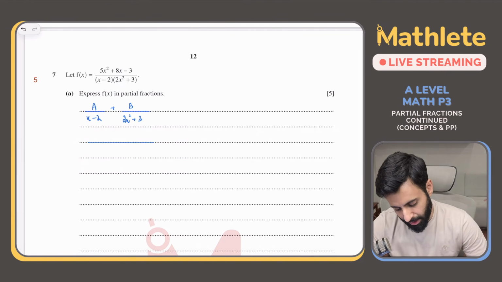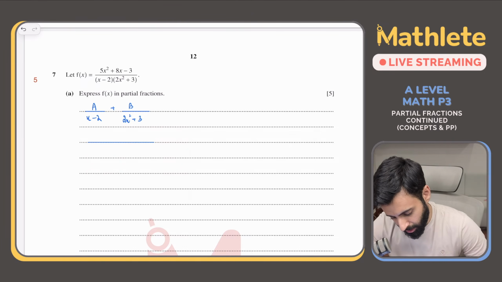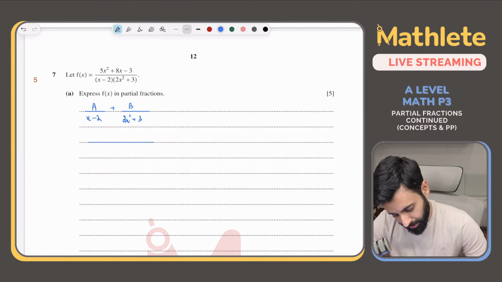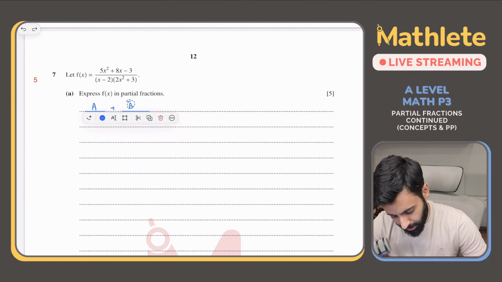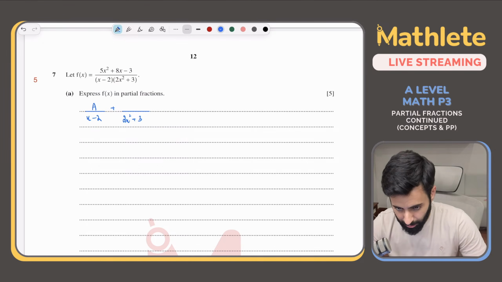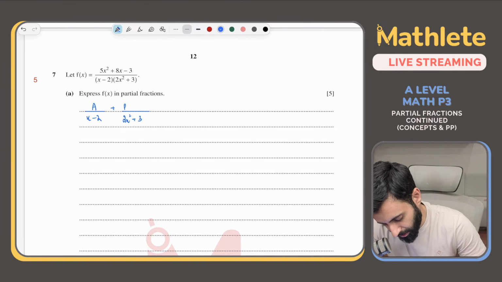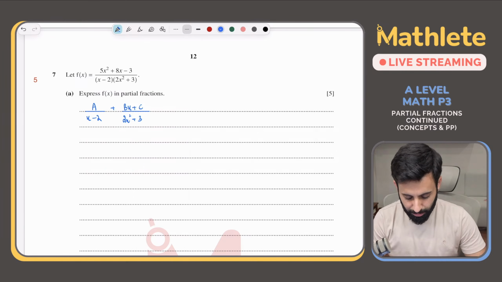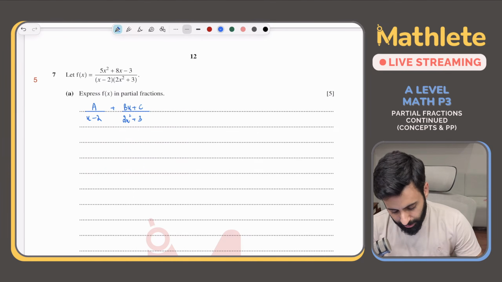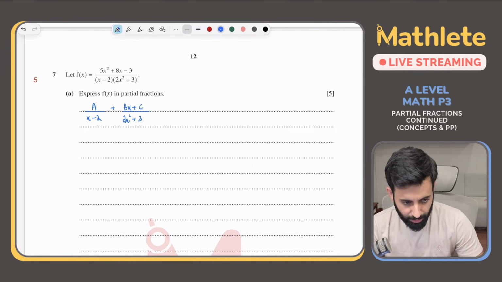If you keep it like this, then what will happen is... let's put the logic on the back burner. First, let's do improper fraction, then we'll understand the logic as well. Okay, so this is bx plus c into 2x squared plus 3. We'll first do improper fractions, then we'll understand the logic as well.